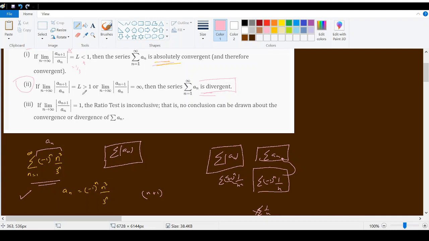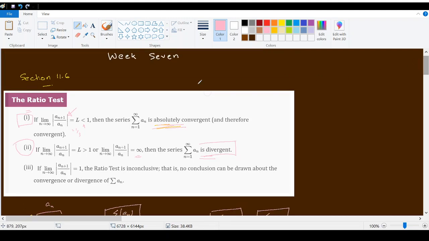If the limit is greater than 1, or even if it is infinity, you can directly say that the original series is divergent, not the absolute case. But if it is less than 1, you can definitely say that the absolute series is going to converge, because that's how the theorem is proved.